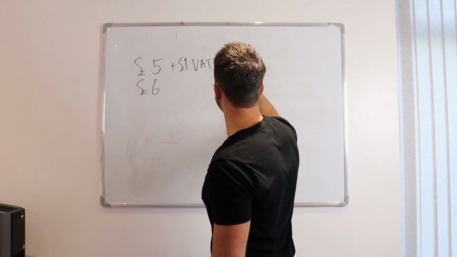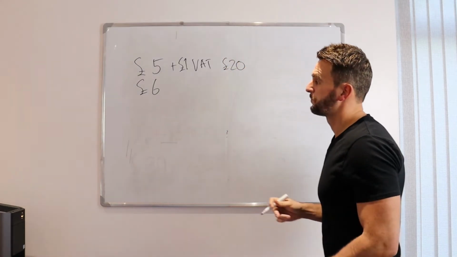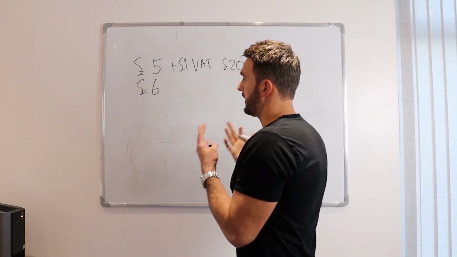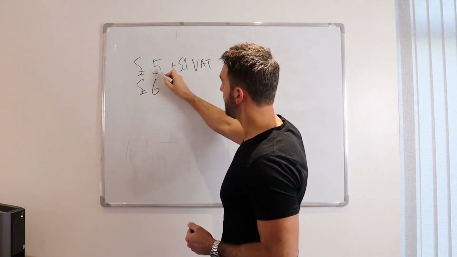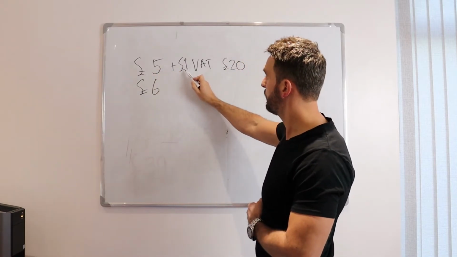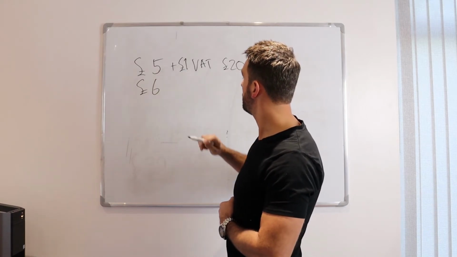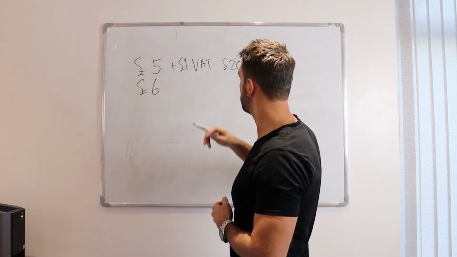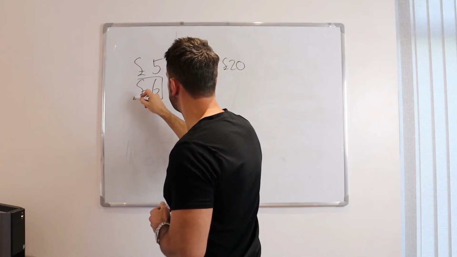This is your 20%. So this price here is exclusive of VAT. In other words, we're adding it on afterwards. This price here does not include the VAT. So we put the £1 because 20% of £5 is £1. Obviously 5, 10%, 20%, £1. So we've got a buy price now of £6.